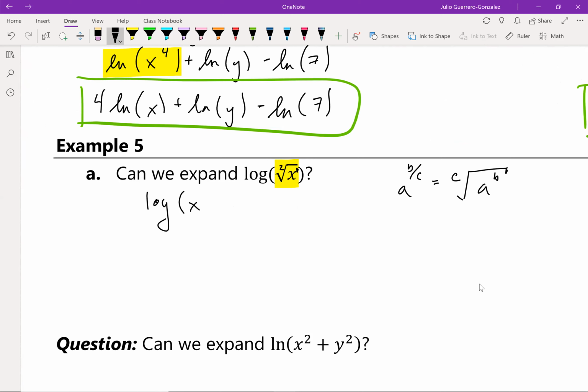So this is going to be log of x to the 1/2. And all we can do now is we have an exponent, so it becomes (1/2) log x. Make sense? Okay.